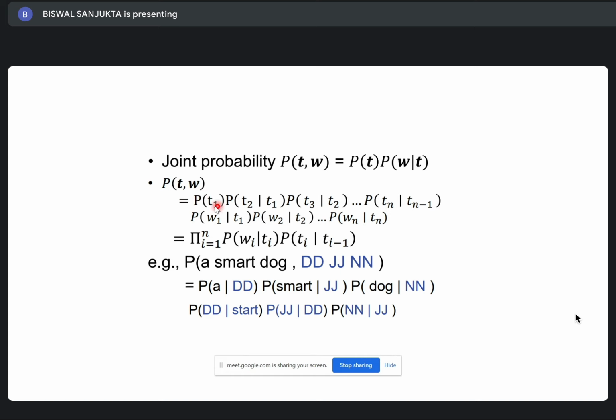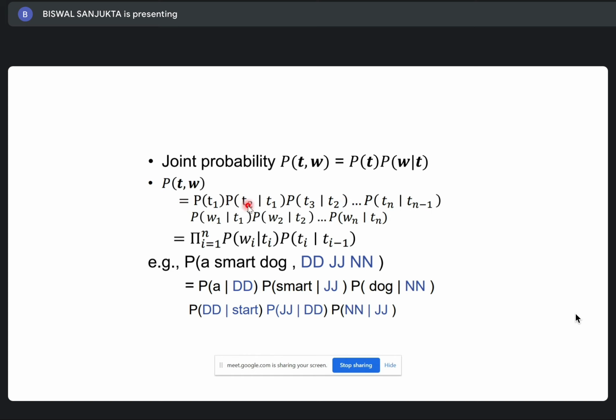As I told, transition probability means the probability of going from one tag to the other. Since we are dealing with a sequence of tags T1, T2, T3 up to Tn, I can expand it this way using the first order Markov rule. And if it is specifically written, you need to use second order or third order, and accordingly your probability will change.